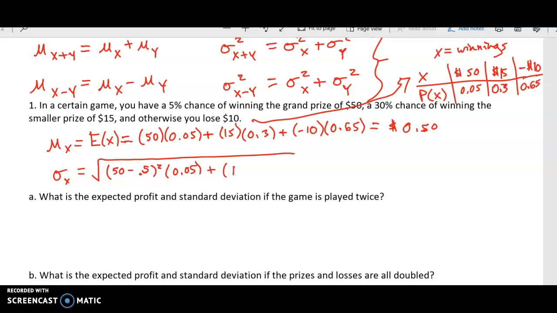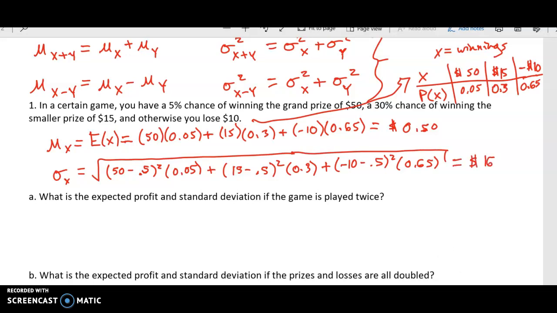So we're going to do that for all these guys. I'm going 4 decimal places, even though the units are dollars for the standard deviation.